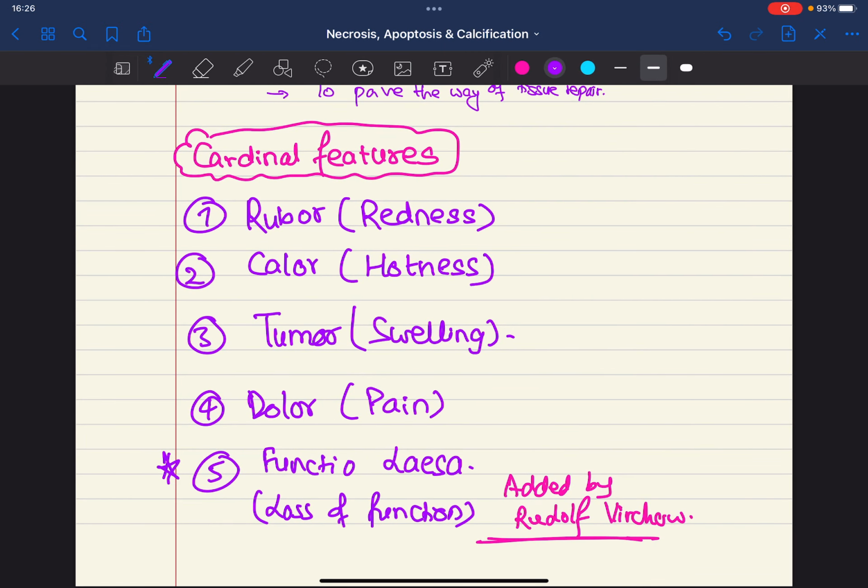So why is there redness? It is due to increased blood flow. Calor is also due to increased blood flow. Why is there swelling? Swelling is due to edema. We'll talk about edema in some other chapters, but for now you need to trust me that there is edema in inflammation.